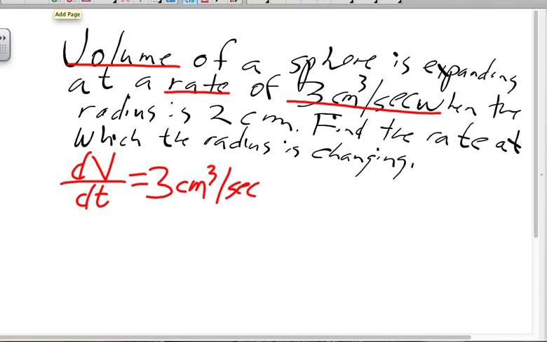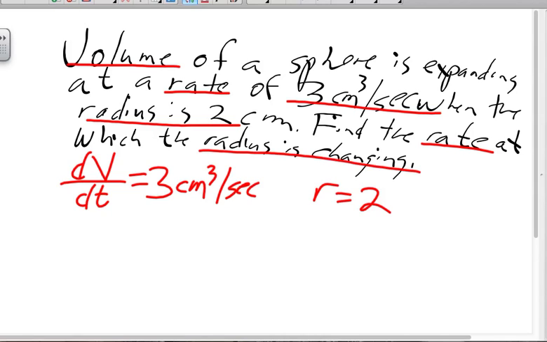When the radius is 2, so r is 2, and we want to find, so that's our unknown, the rate at which the radius is changing. So dr/dt is our unknown. That's what we're finding.